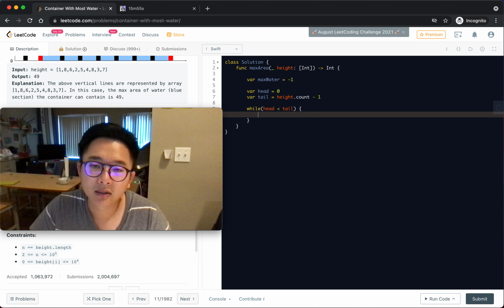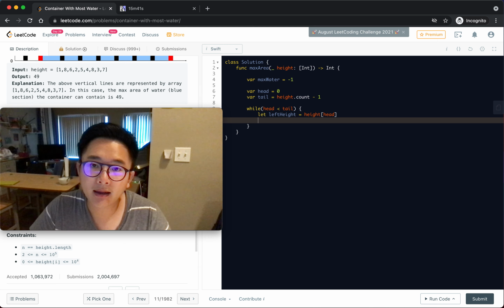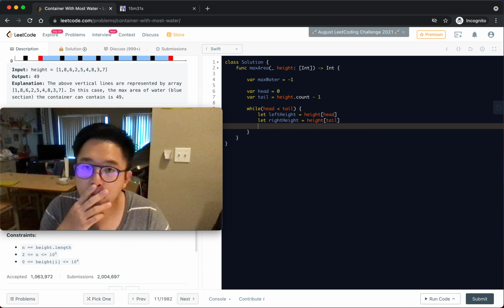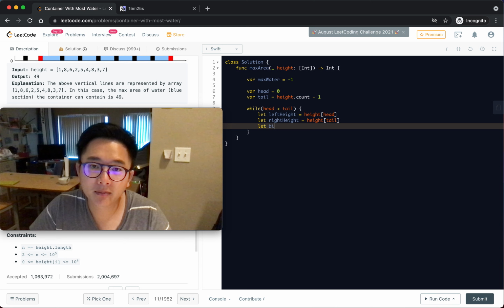And while head is less than tail, then we will get the left height, which is equal to height[head], and right height is equal to height[tail], and bottom is equal to tail minus head.